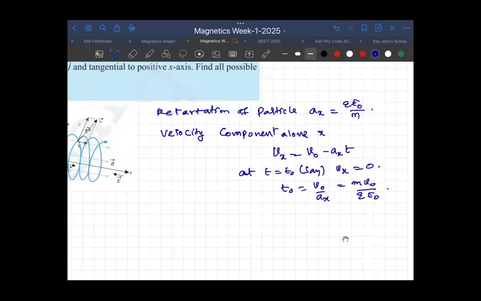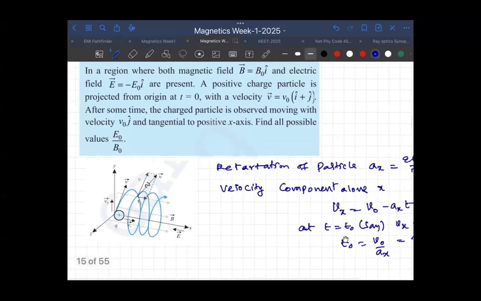After some time, the charged particle is observed moving with velocity v naught j cap and tangential to positive x-axis. You will see that after some time, the charged particle is observed moving with velocity v naught j cap and tangential to positive x-axis.